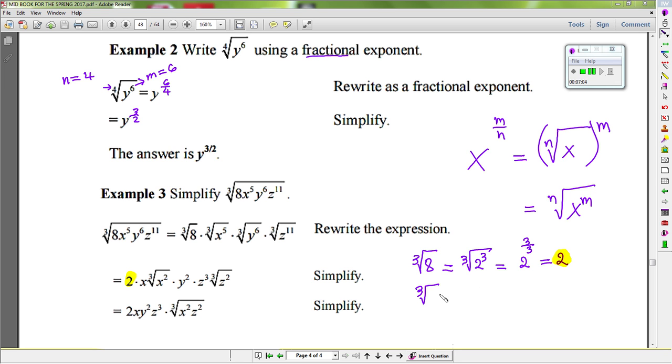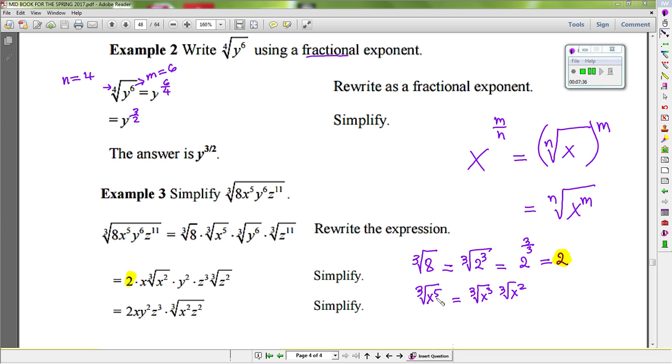The next one we have is cube root of x to the power 5. The goal is that if you have your root and your power, your n and your m, exactly the same number, then that will give you 1. It means that you'll be able to cancel out your radical. So in this case, we'll write them as cube root of x to the power 3 times cube root of x squared.